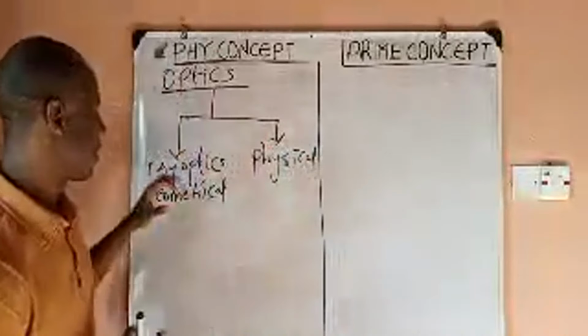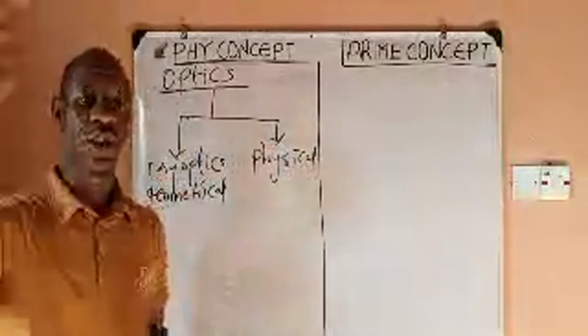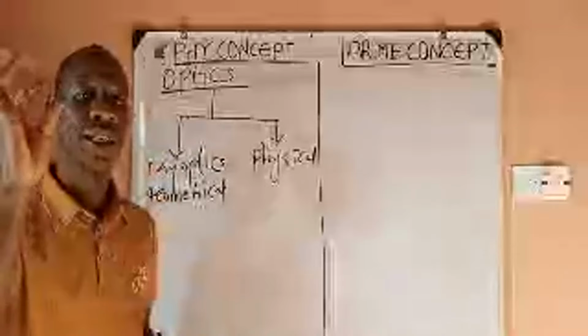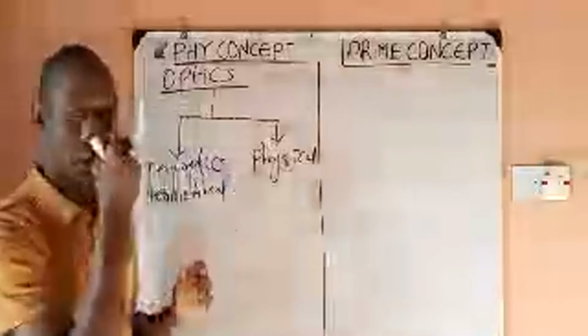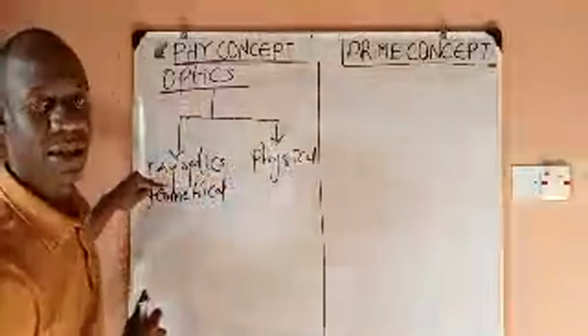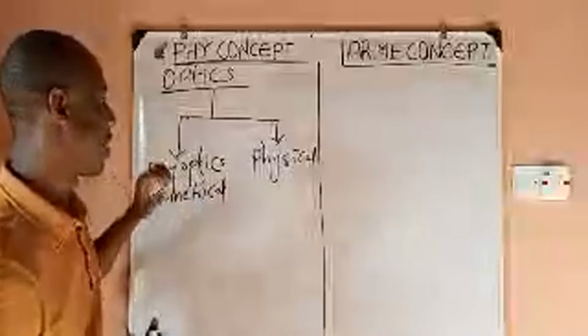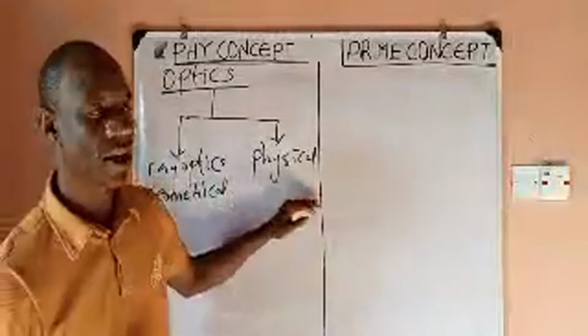Now, what is ray optics? Ray optics is an aspect of optics that studies light using rays. It studies light using what you know as rays. That is ray optics, which is going to be the focus for this. Then physical optics will come later.